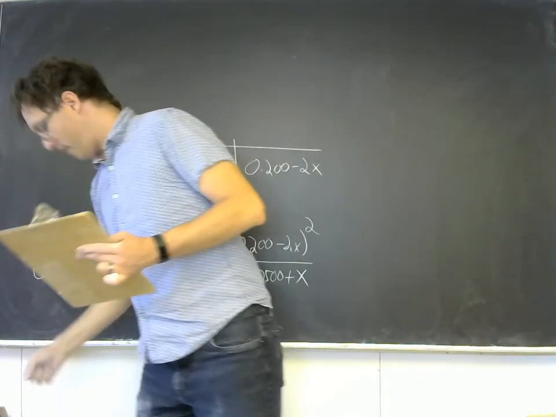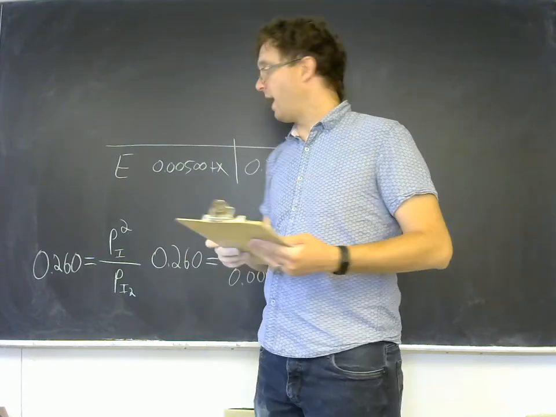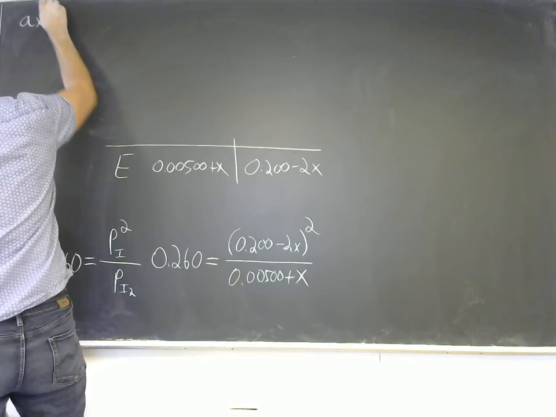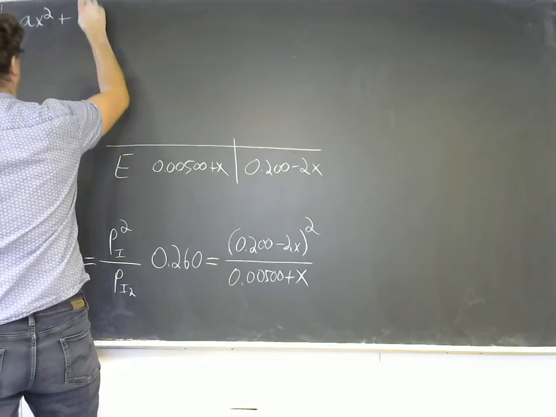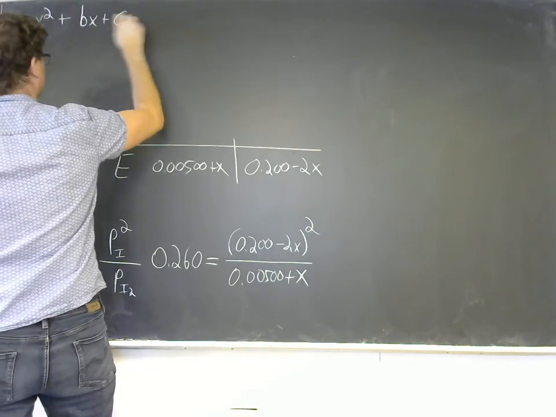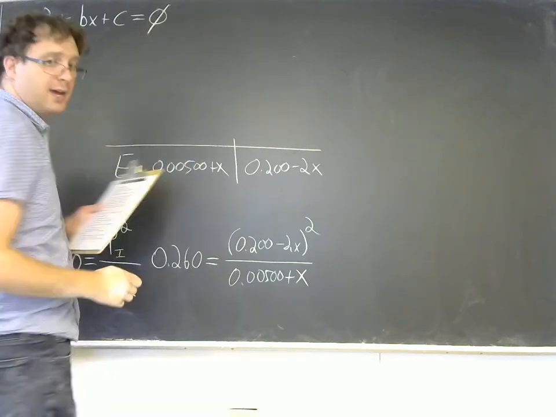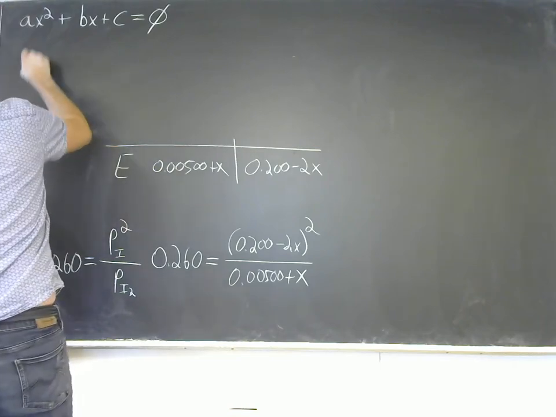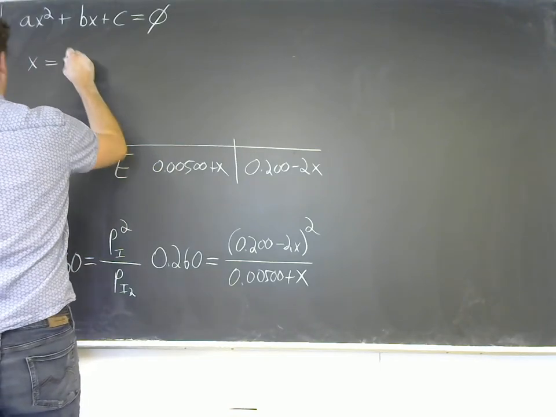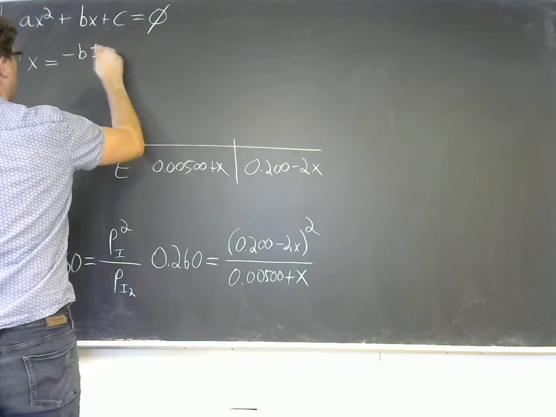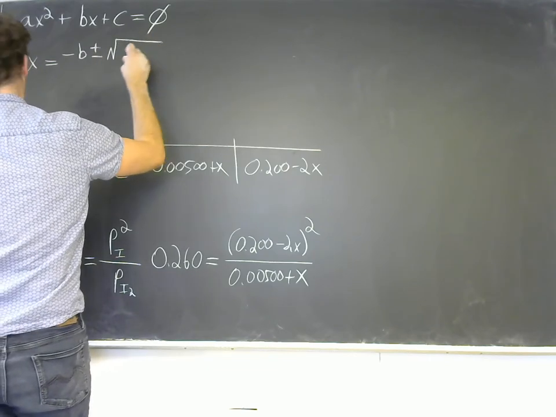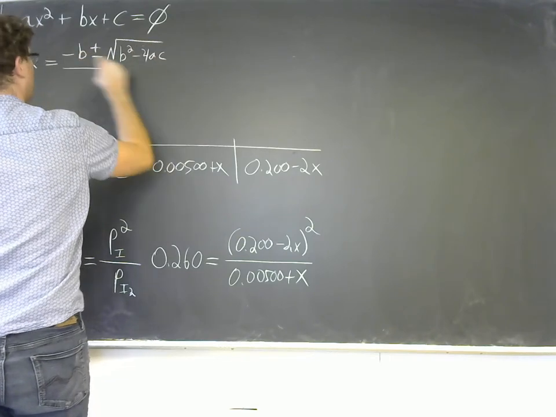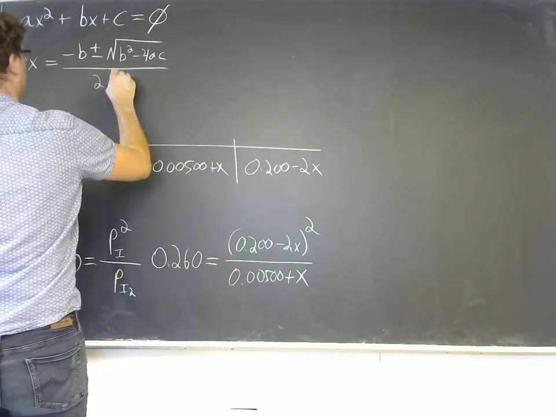And the long way is to apply the quadratic formula, which says that if you get an equation in the form of ax squared plus bx plus c is equal to 0, if you can get an equation into that form, then you know that x is going to equal negative b plus or minus the square root of b squared minus 4ac all over 2a.